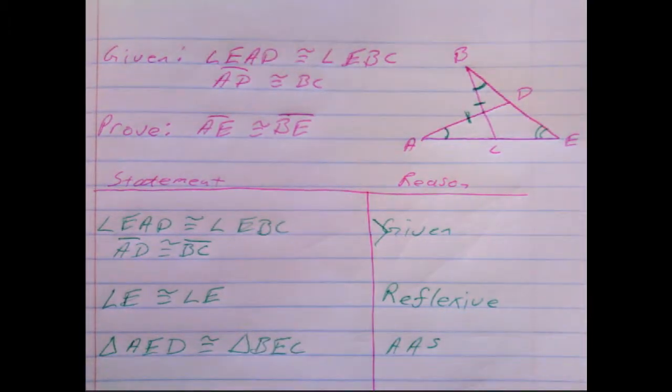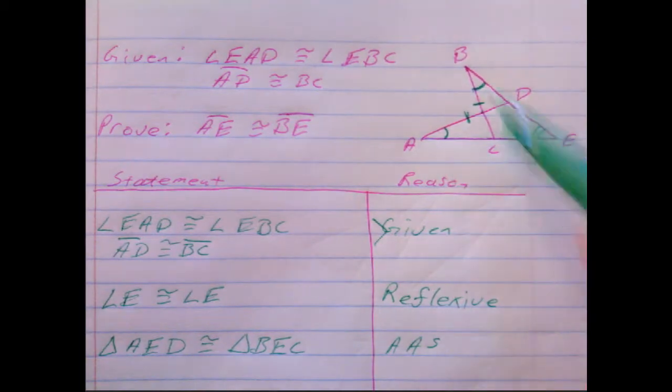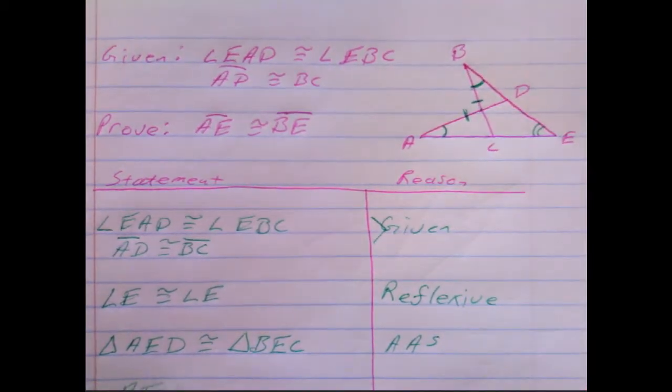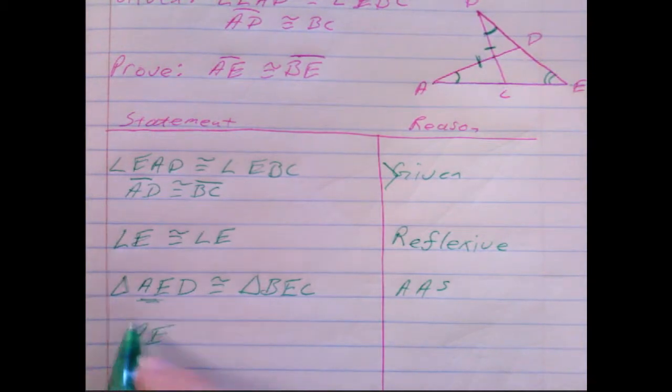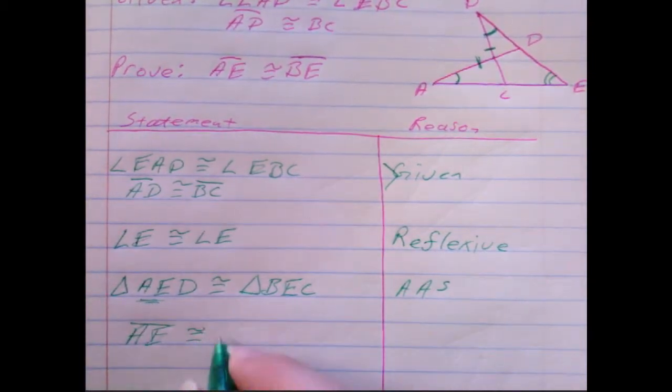Okay? But now that we have proven these triangles to be congruent, then we can say, well then AE, this first piece, sorry, let me scoot that up just a little bit. We can say segment AE, which is this first piece of my triangle, is congruent to segment BE.